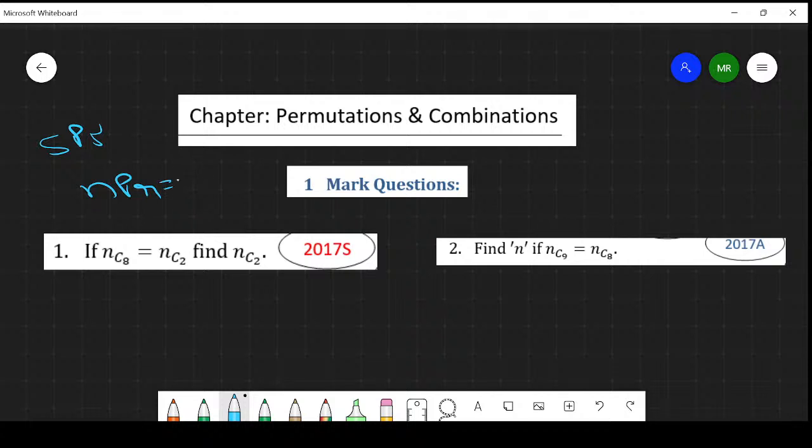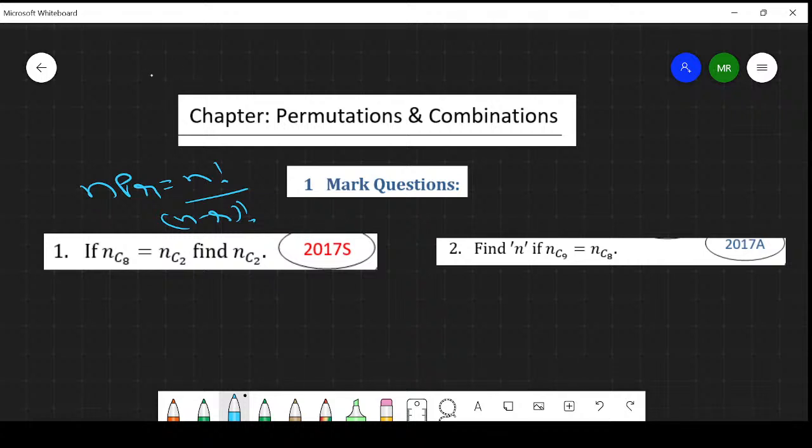What is the nPr formula? n factorial by n minus r factorial. Out of n different things, you are arranging r things at a time, denoted by nPr. So nPr equals n factorial by n minus r factorial.